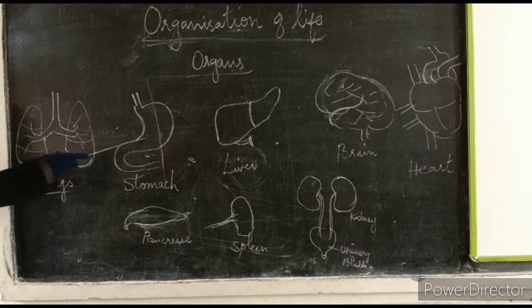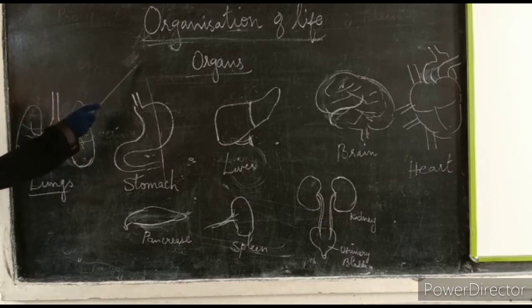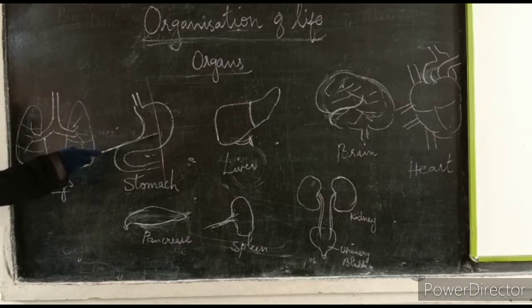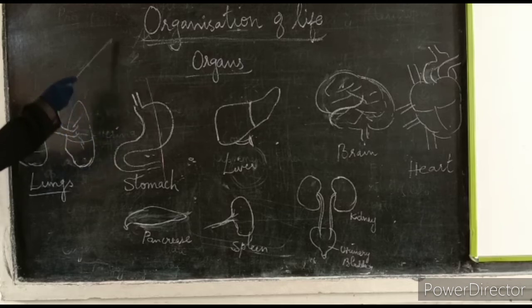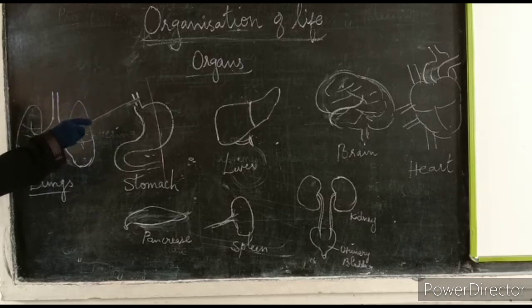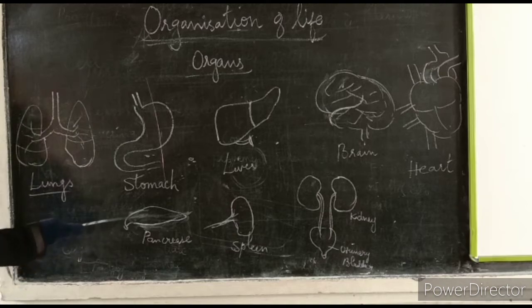Here the stomach. Here from the mouth we have the esophagus. Esophagus is connected with the stomach. All the food particles we are eating come through this esophagus tube and then enter inside the stomach. The pancreas is present here. The pancreas produces so many juices, including insulin.